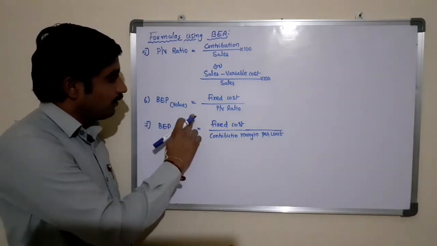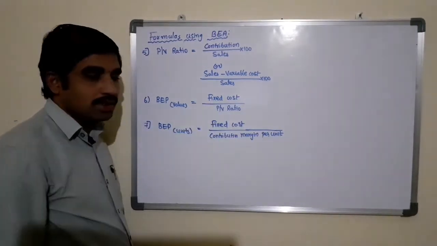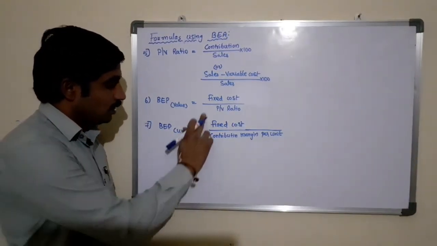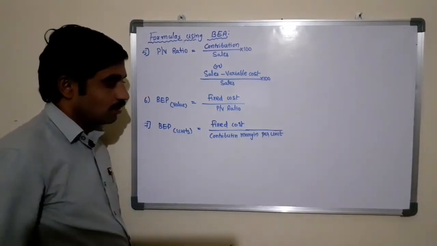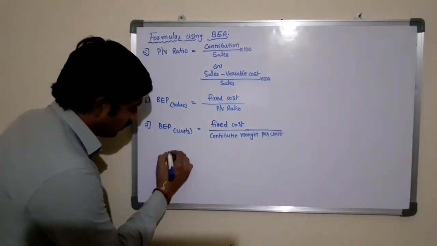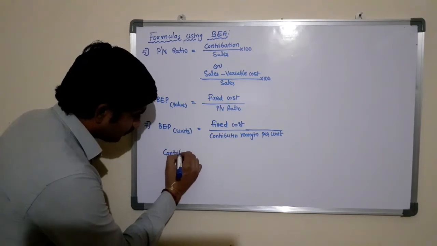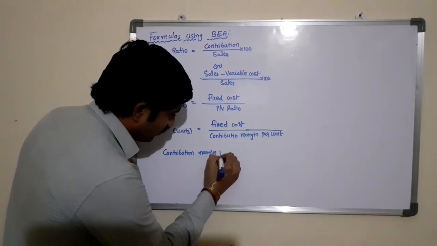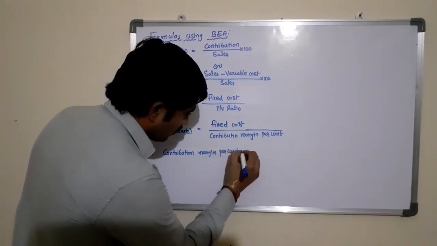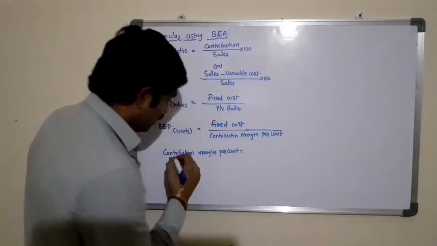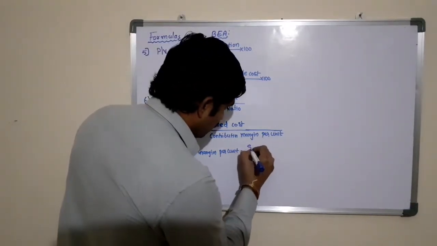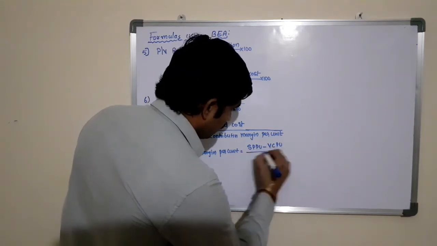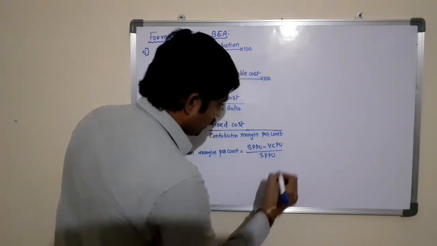Means BEP value is the relationship between the fixed cost and the PV ratio. BEP units is the relationship between fixed cost and the contribution margin per unit, where contribution margin per unit equal selling price per unit minus variable cost per unit by selling price per unit.